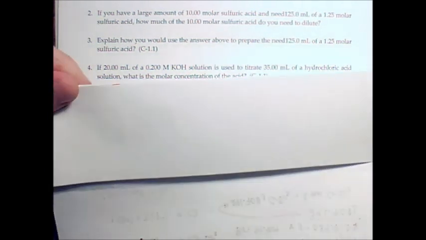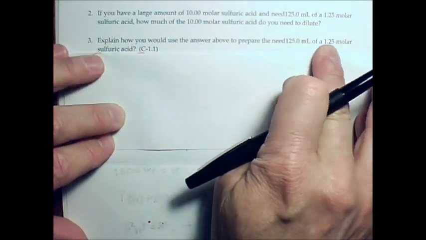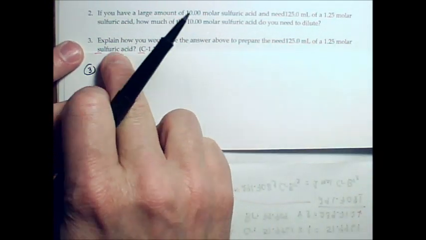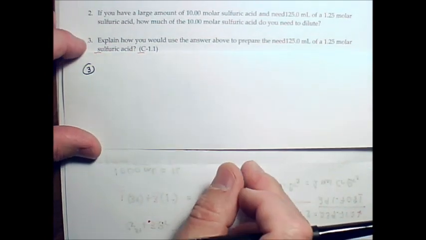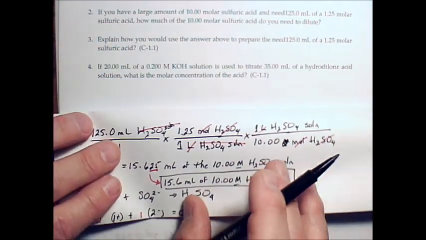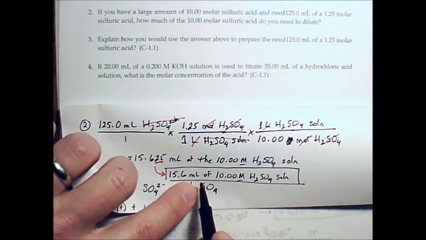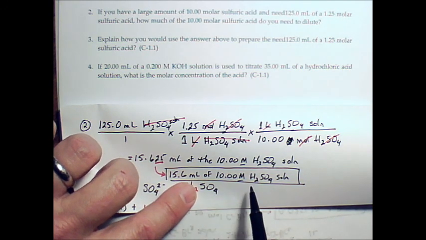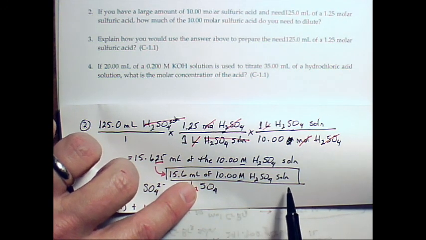So number 3 says, explain how you would use the answer above to prepare the solution that you're actually trying to prepare. Okay? So in the answer above, we found that we had 15.6 milliliters of the 10 molar H2SO4 solution.